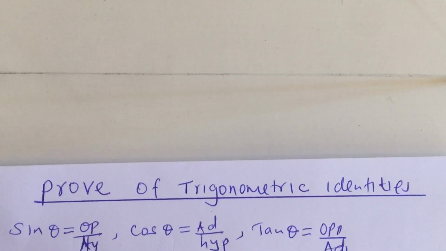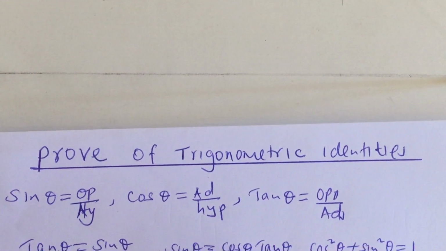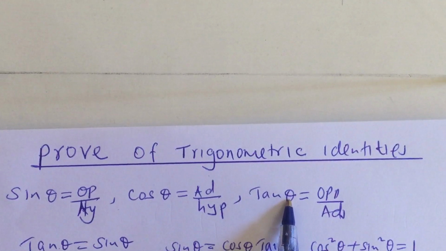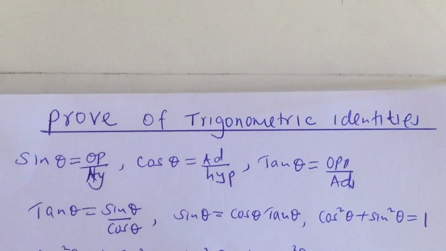Remember, earlier on, I talked of sine theta being opposite over hypotenuse. Similarly, I talked about cos of theta being adjacent over hypotenuse, and also tangent of any angle theta being opposite over adjacent.